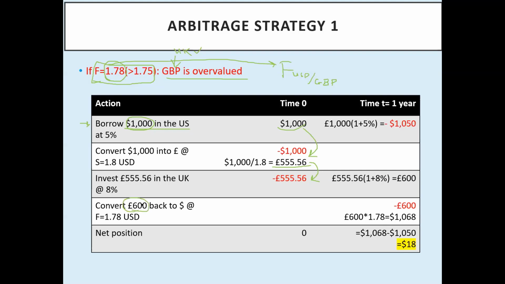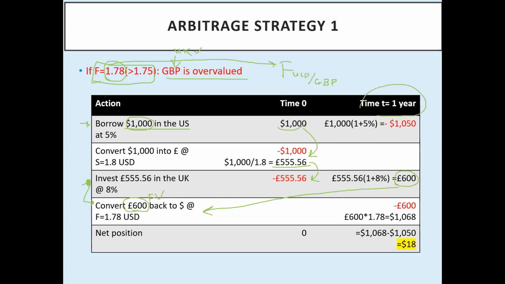I'm going to sell the future value of my investment in step 3 forward at the current forward rate. So this number here is the future value of my investment. I'm going to sell that forward for the duration of my investment horizon, which is a year in this case.